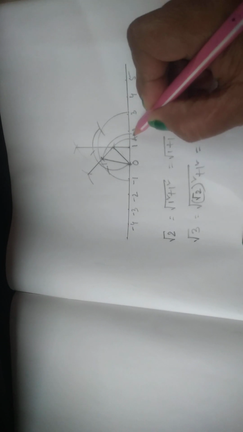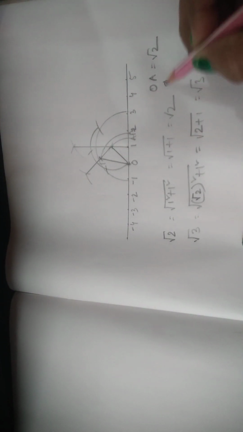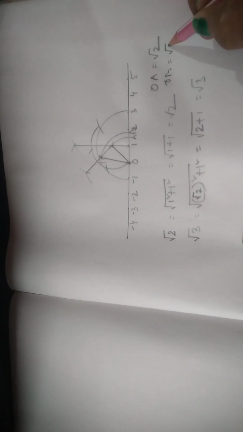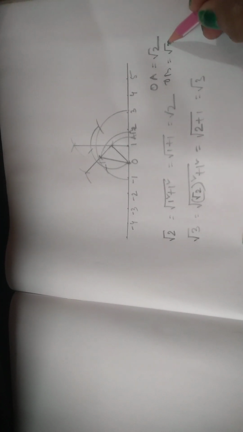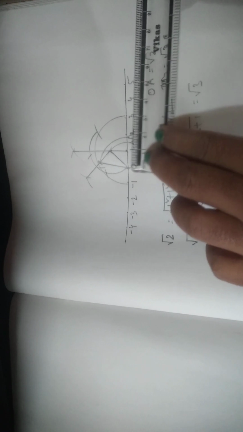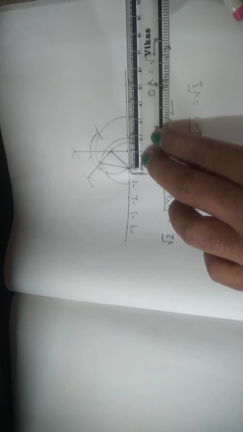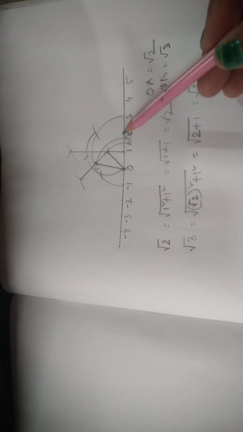This value 0 to B. Suppose this point is B. So 0 to B is the value of root 3. If we take the measure, it comes 1.7 something.